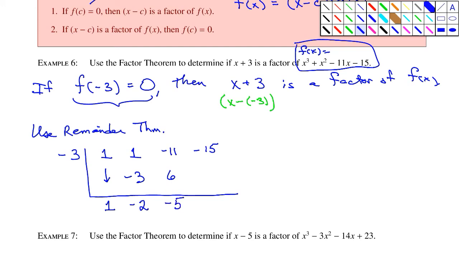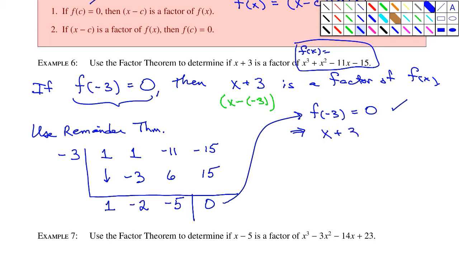And then negative 3 times negative 5 is positive 15. That adds to the negative 15 to give 0. So f of negative 3 is equal to 0 because that is the remainder. And the remainder theorem guaranteed that this would be equal to the evaluation. Since that's equal to 0, the factor theorem then tells us that x plus 3 is a factor.